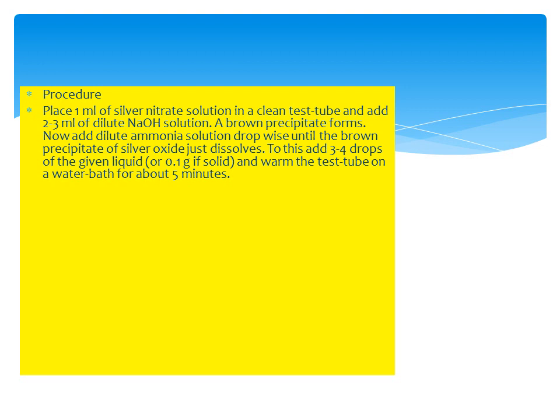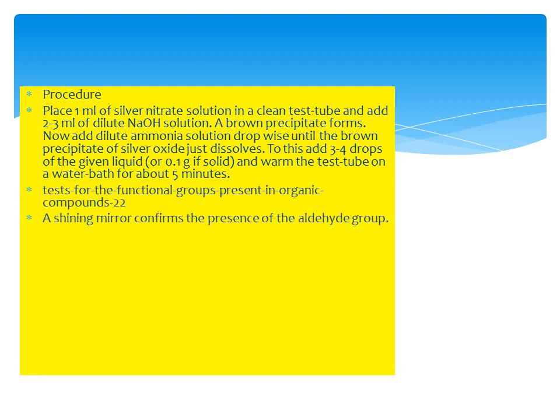Best results are obtained when you add it in the solid form, not in the solution form, and then you have to warm it for about 5 or less than 5 minutes, and then you notice a silver coating on the walls of the test tube. A shining mirror confirms the presence of the aldehyde group, and this is one of the best tests for aldehydes.